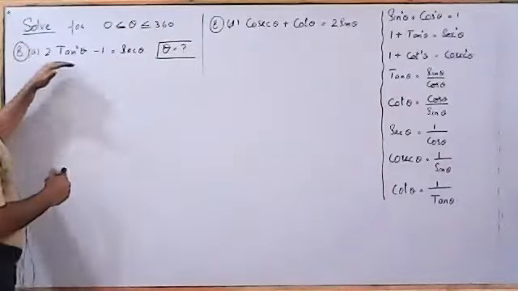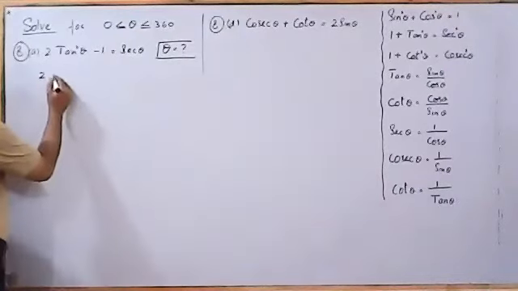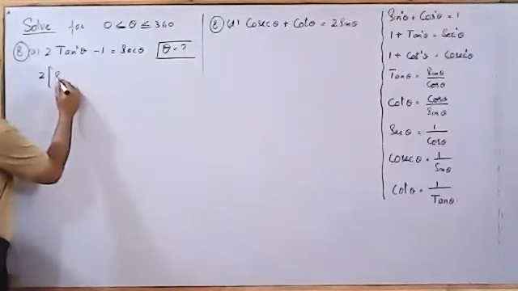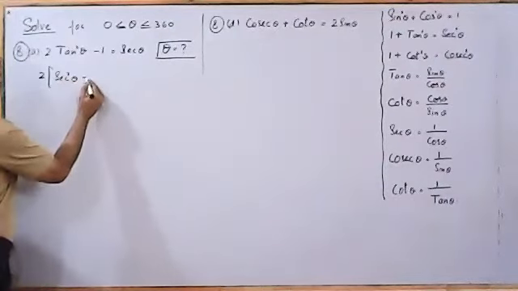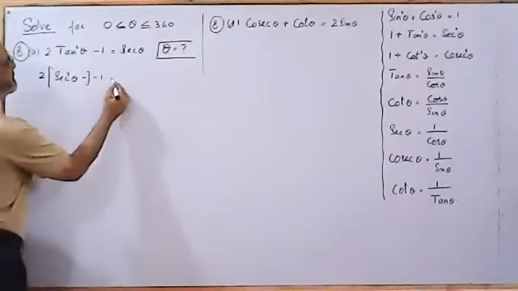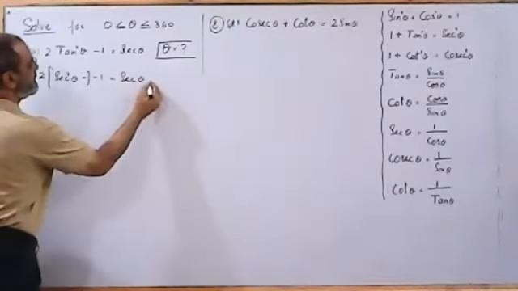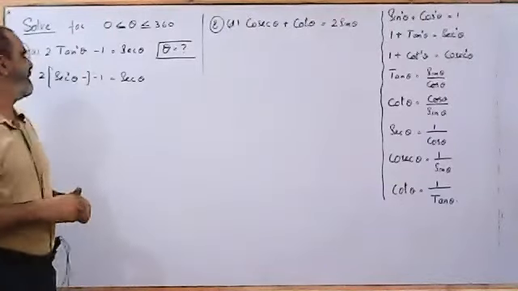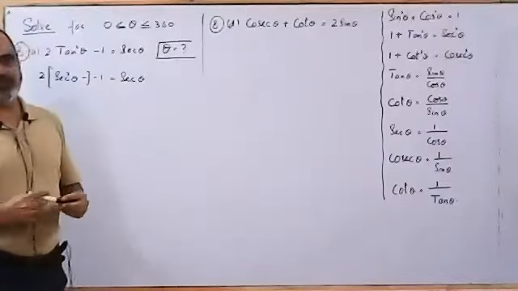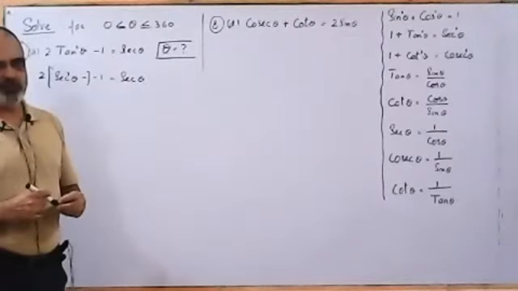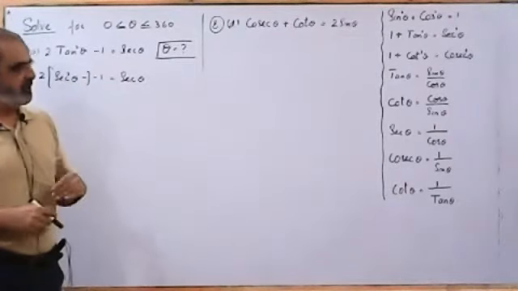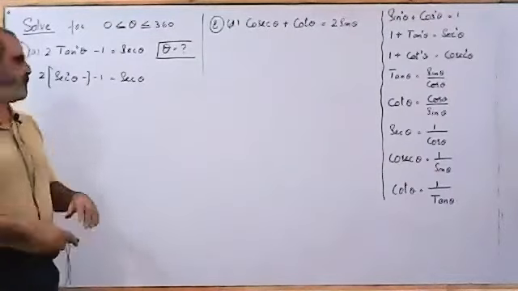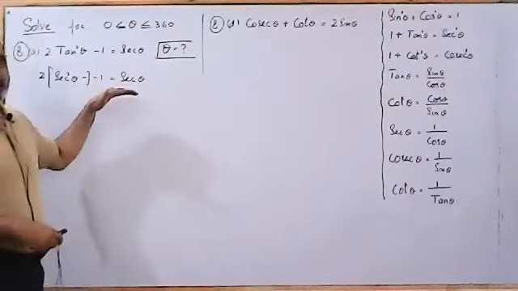So tan square will be equal to secant square theta minus 1. My first objective was to arrange the equation in such a way that it has only one trigonometric ratio, either sine, cos, tan, secant, cosecant, or cot, whatever. Now I have only one trigonometric ratio.